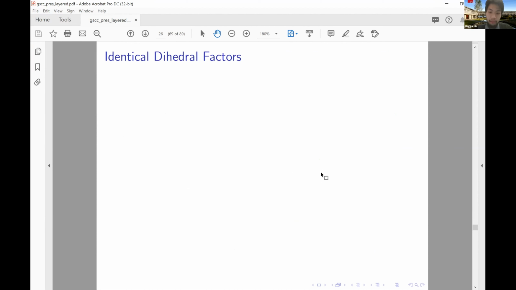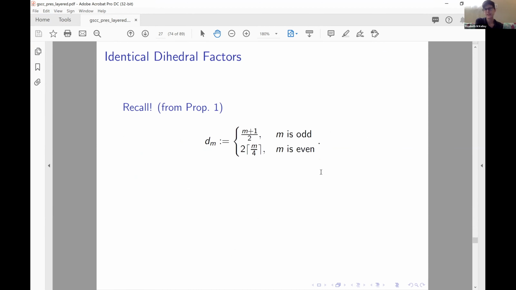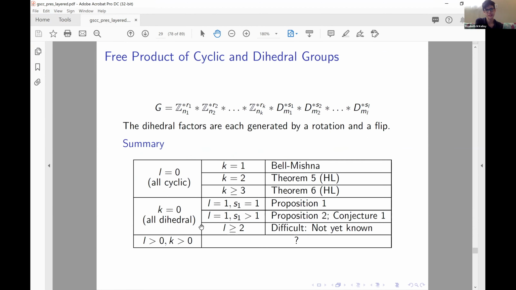Oh, you mean the table of summaries? Yeah, your summary table. Oh, it's just that it can be done. It just hasn't been looked at yet. What I said is that adding extra dihedral factors makes things more complicated than adding more cyclic factors, just because in the finite case, the generating functions don't look as nice.